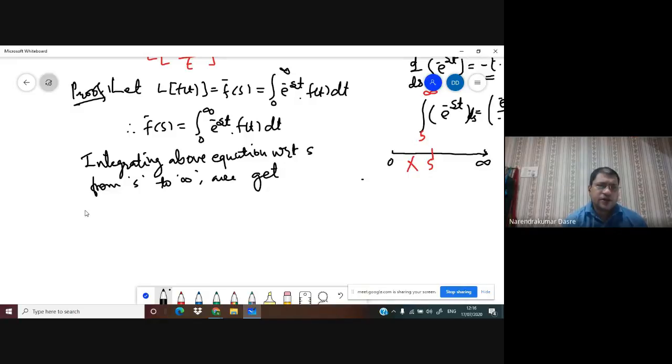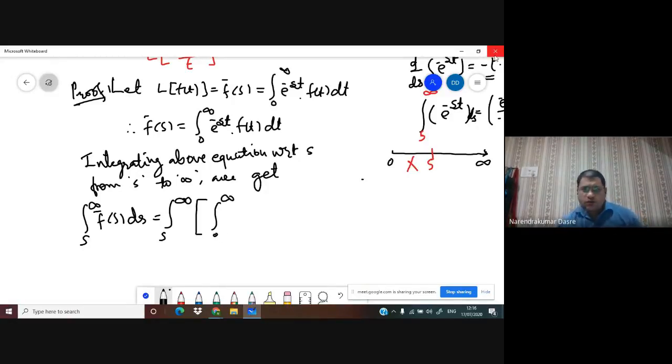What we get is the integral from s to infinity of f bar of s ds, which is equal to the integral from s to infinity of, please be careful while writing, use the proper brackets, the integral from 0 to infinity of e raised to minus st f of t dt, and then ds.